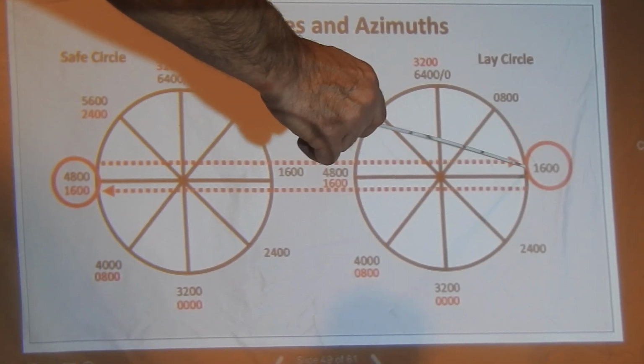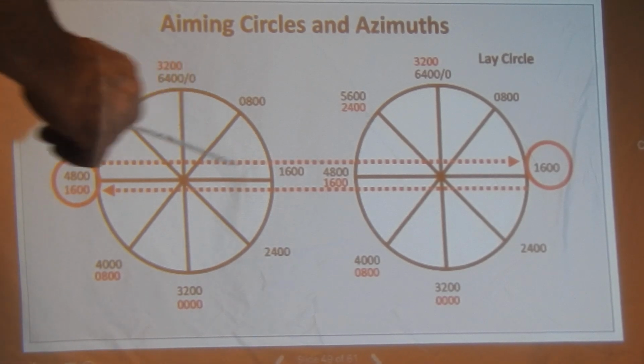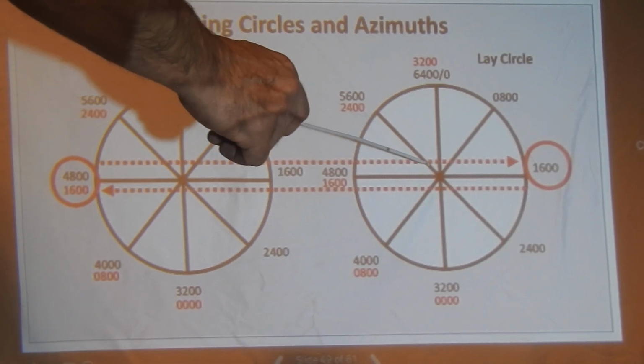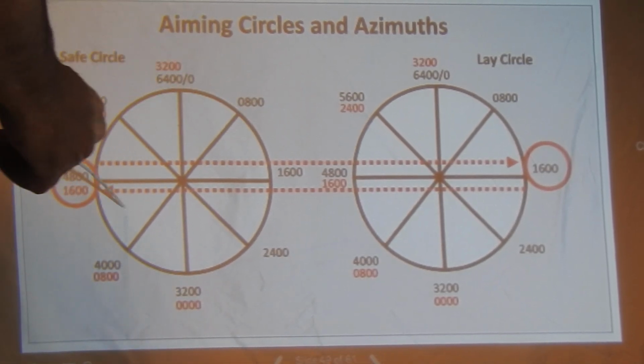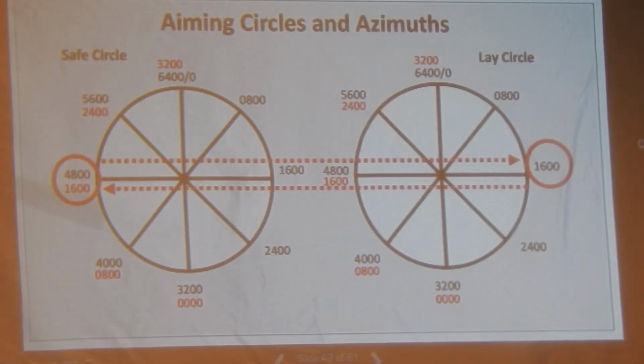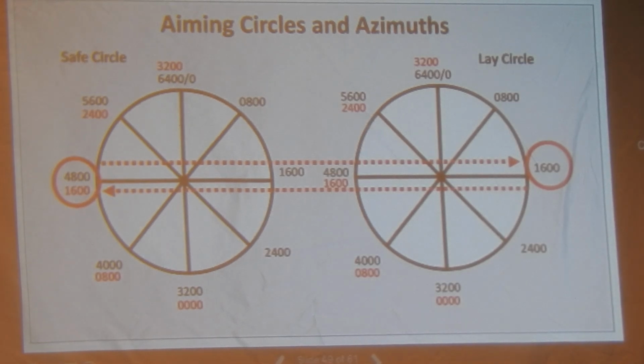What he does is this operator over here will read, and he reads red 1600 back to this operator right here. He reads back to the safe circle and says 1600 mils. And this operator looks at his thing and says, yep, 1600, that's 0 mils. So these circles are looking, and this is called bumping.